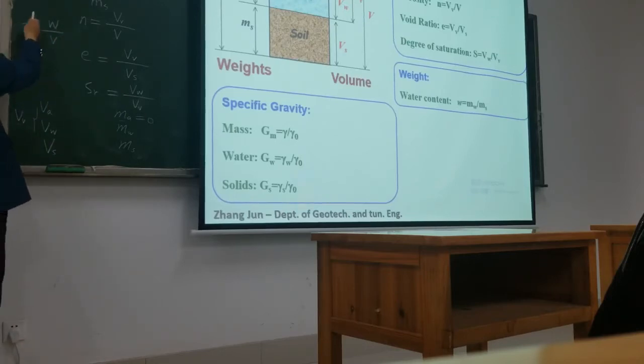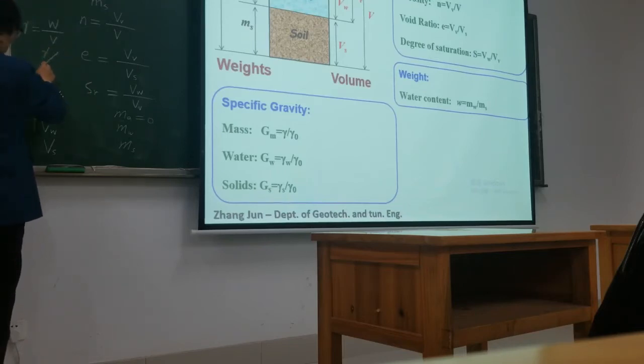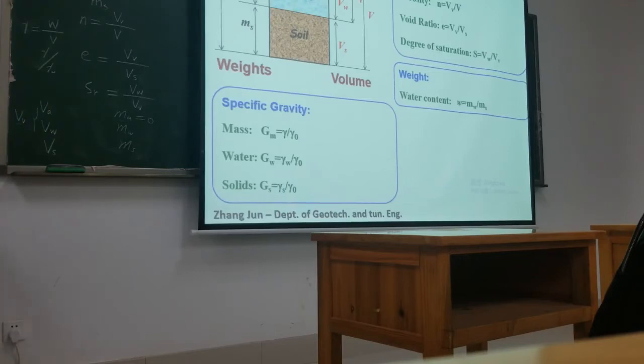Here, gamma means weight of soil divided by volume of soil, okay? And gamma zero means the unit weight of water.